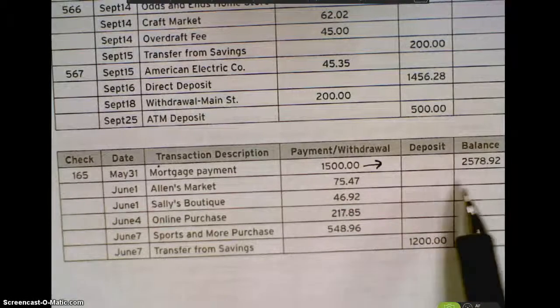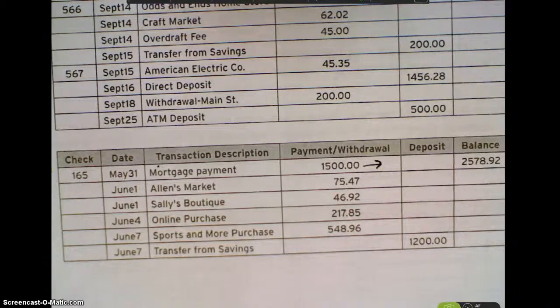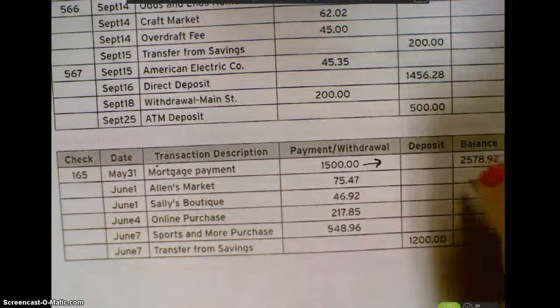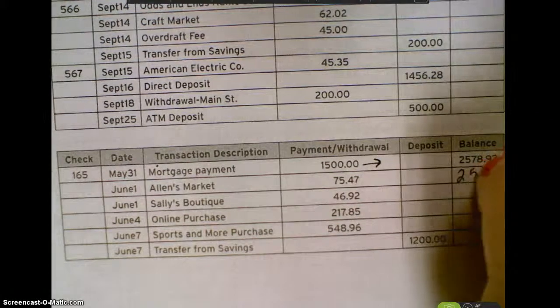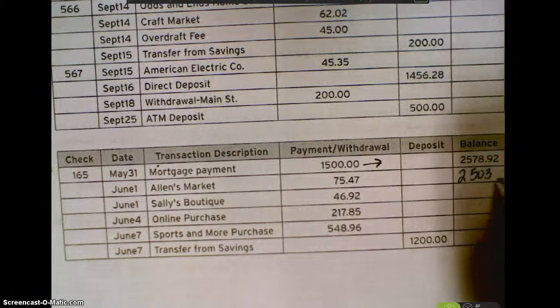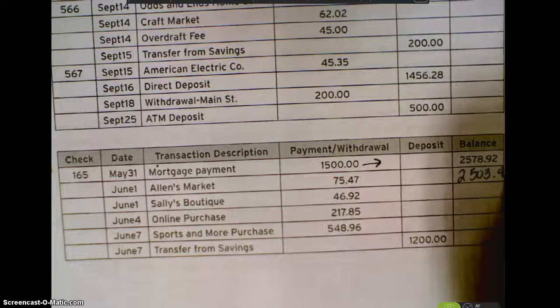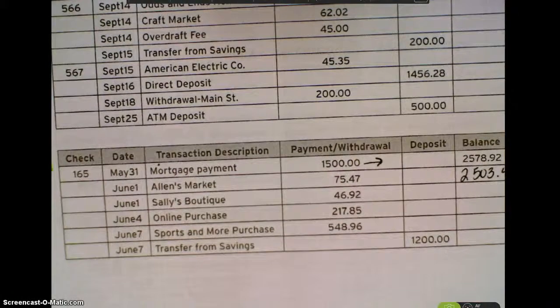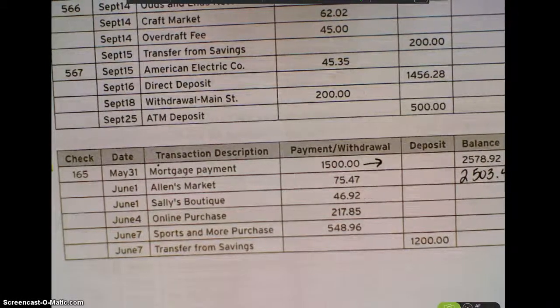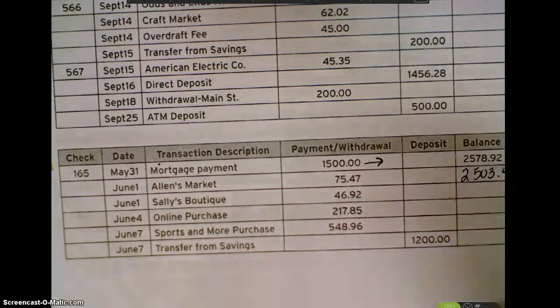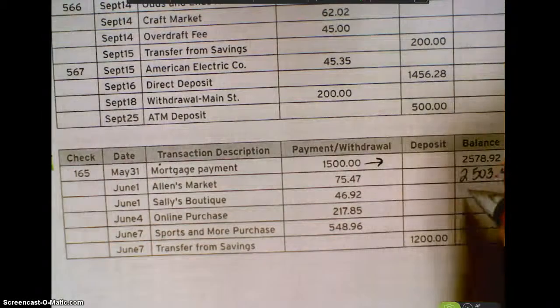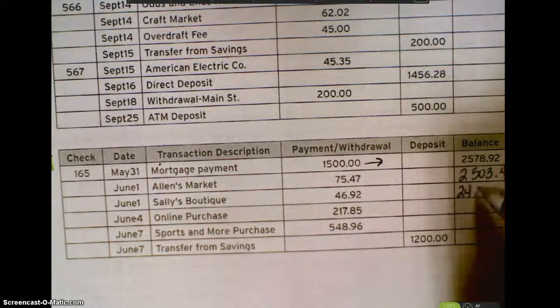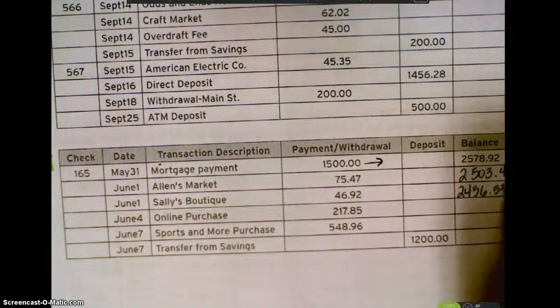So now I'm going to say $2,570.92, and I am going to subtract the $75.47 from that, and that's going to leave me with $2,503.45. Because I'm still withdrawing or paying something, now I'm paying Sally's Boutique a total of $46.92. So I would subtract again, and that's going to leave me with $2,456.53.